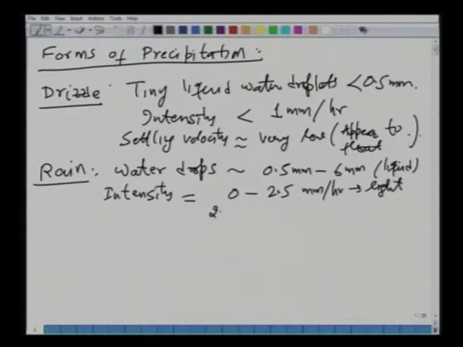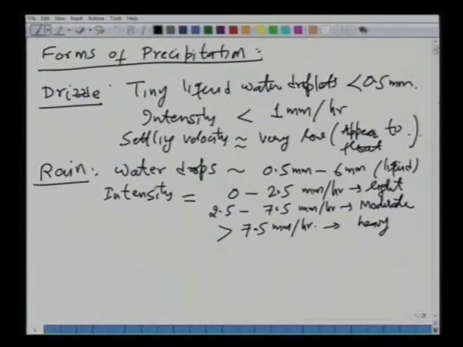And if it is between 2.5 and 7.5 millimeters per hour, we say that the rain is falling at a moderate intensity or it is a moderate rain. But when the intensity of rainfall is more than 7.5 millimeters per hour, then we say that it is heavy rainfall.